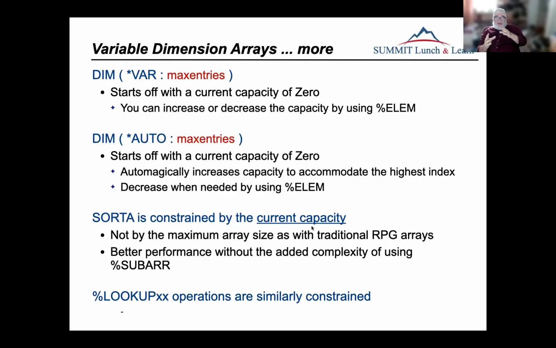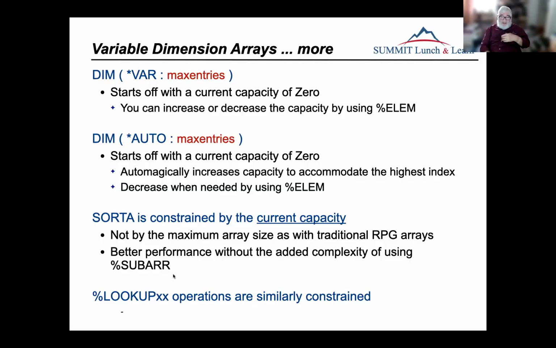The fact that you had to mess around like that resulted in a lot of people filling arrays backwards. You must have come across that during your career where you're thinking, why on earth do they start filling up from the highest element in the array and going backwards? Well, it was to deal with things like sorting. Now, you get better performance from the sort, of course, because you're restricting the number you sort, and you don't have to resort to using subarray to control the length.